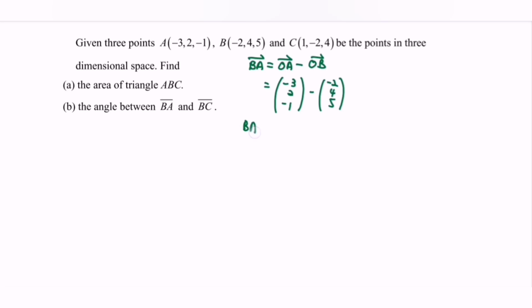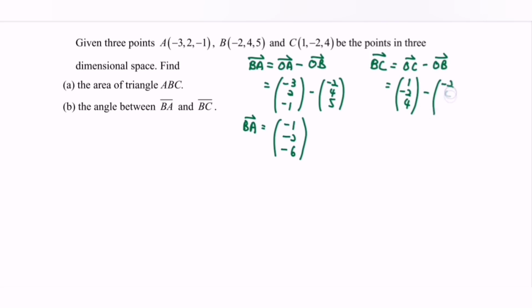So the vector BA is equals to negative 1, negative 2, and negative 6, followed by BC, OC minus OB. 1, negative 2, and 4 minus OB, negative 2, 4, and 5. So the vector BC will be equals to 3, negative 6, negative 1.